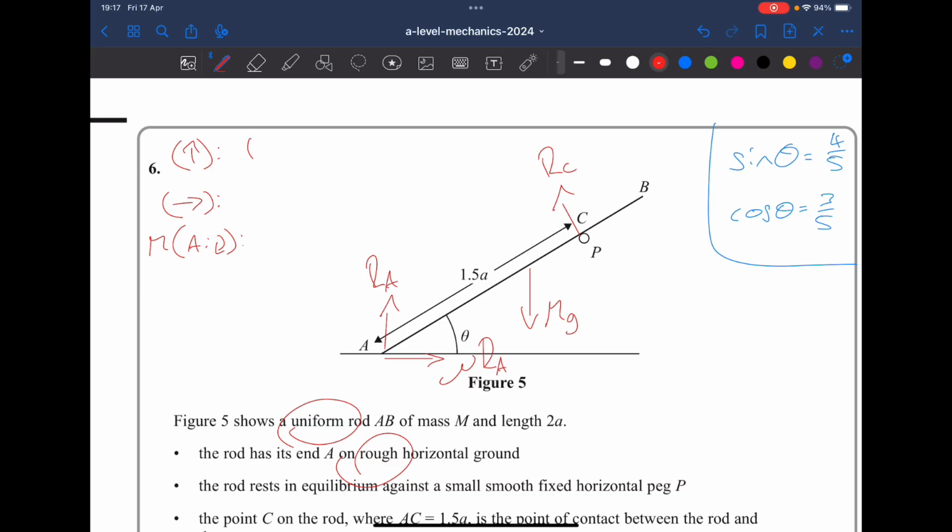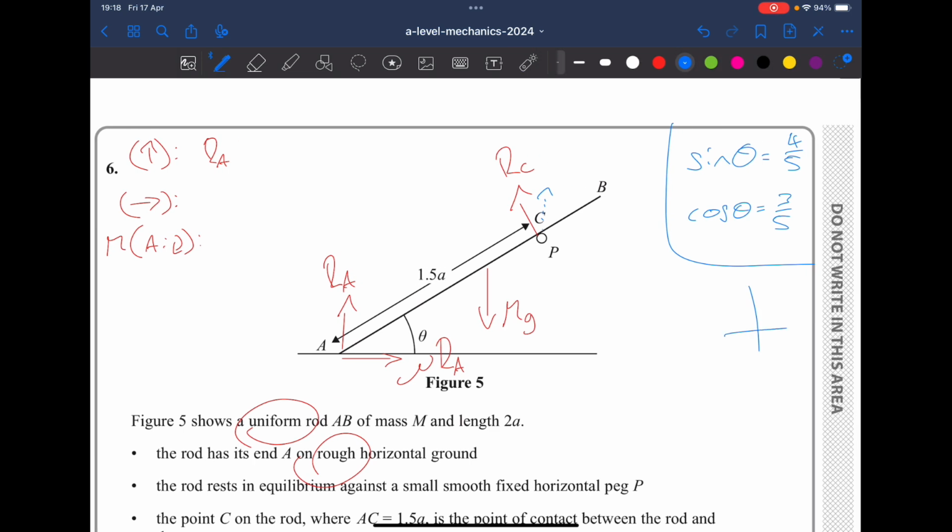Going up, we have RA and some component of RC. What component? Well, again, we can draw that little double axis. Our angle is in here, so it's a bit neater actually. And we're up here, so do we have this angle? Oh, look, we do. So that's alpha.